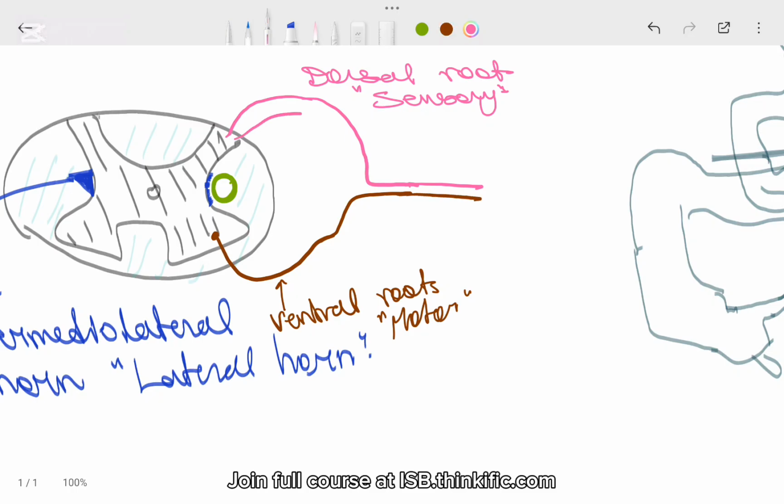Of course, there are multiple sensory roots and multiple motor roots, not just one. They mix together in this structure, which is the spinal nerve.